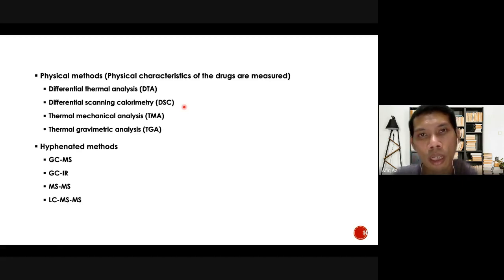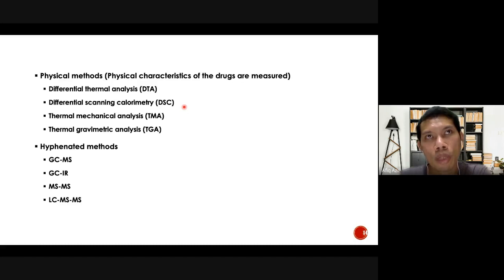We can also calculate the delta H of the process. Okay, and also in thermal, mechanical, and gravimetric analysis, we can see at which temperature your sample will start to melt and also start to decompose.